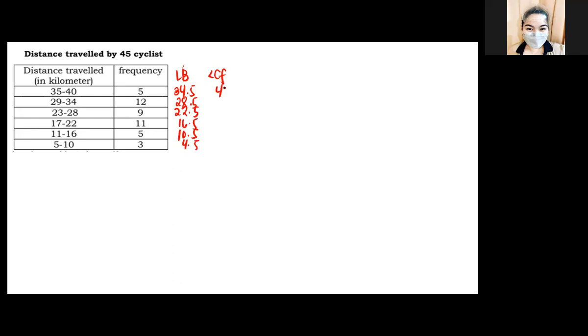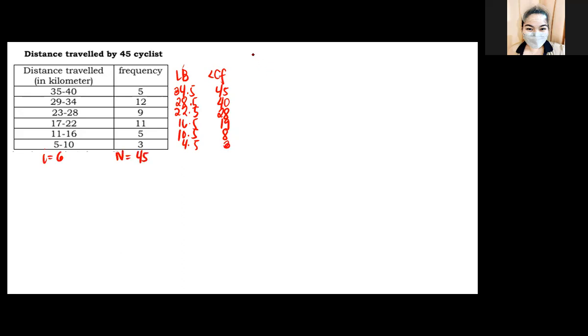Kasi we have 45, 40, sunod, minus 12 is 28, minus 9 is 19, minus 11 is 8, minus 5 is 3. Okay, and the i is 6, and N is 45.